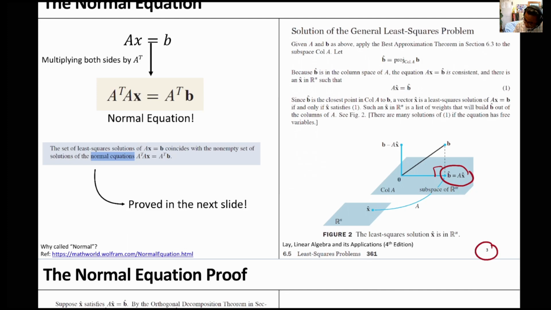B hat is in the column space of A. It is the closest point to B. To achieve this B hat, we use X hat. When we move around the X in this space, we are moving around the B solution. So please have a look at this slide to understand the subtle differences.